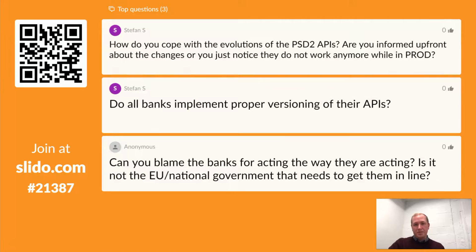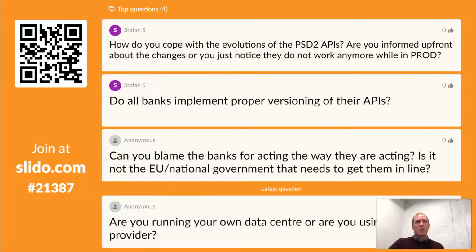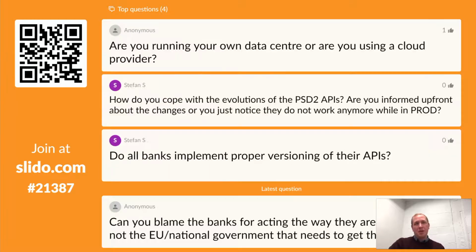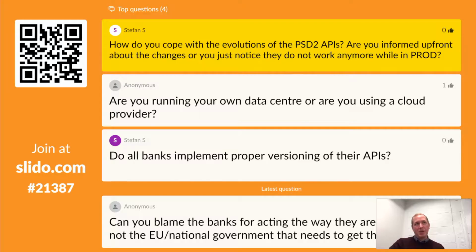Then another question on the collaboration with the banks. How do they inform you about changes that they're going to do in their APIs? And also then a second one linked to it, how do they tackle the versioning of their APIs? Okay. It's a bit of a mixed situation. So most banks at the moment have developer portals where they publish their APIs and publish change logs about those APIs.